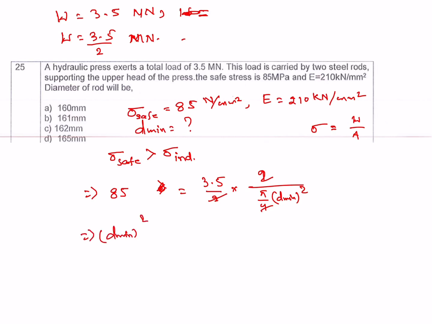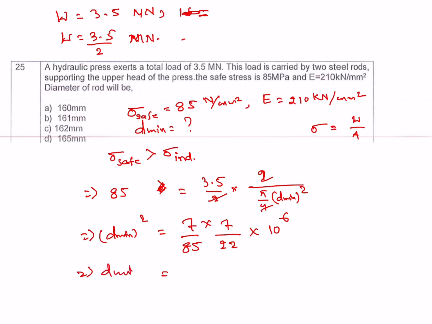Then D minimum square is equal to 3.5 into 2 its square, 7 by 85 pi. Pi is 22 by 7, so 7 divided by 22 into, it's meganewton, so 10 to the power 6.